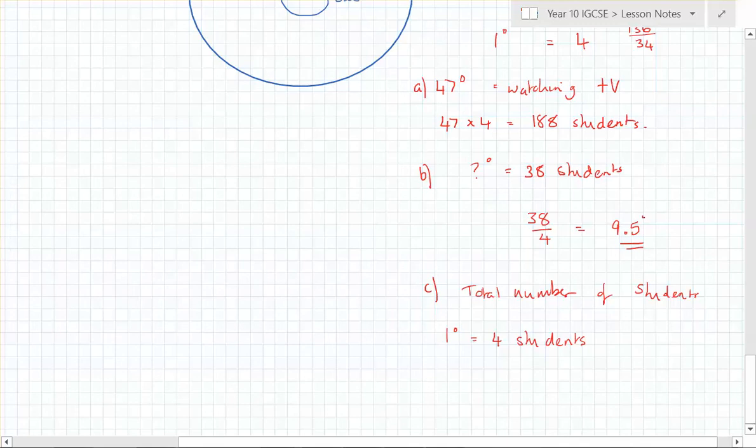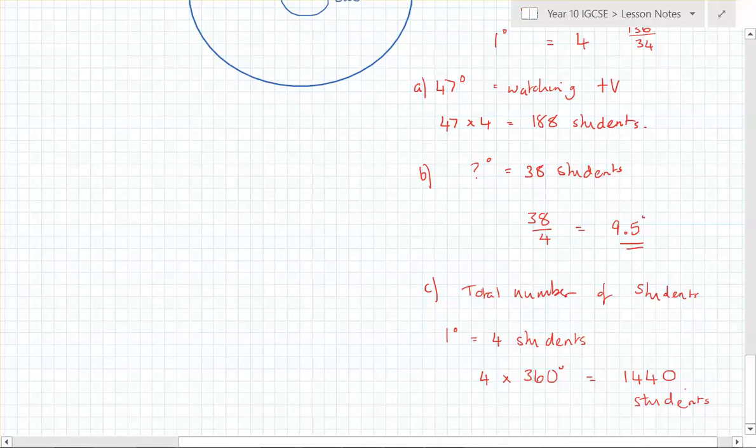Do we do 4 times 360? I'd say so. 4 times 360 degrees. And that is? 1,440 students. 1,440, yeah. Shortcutting it.